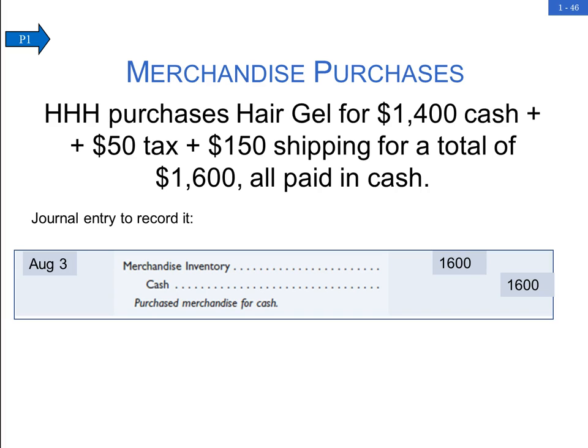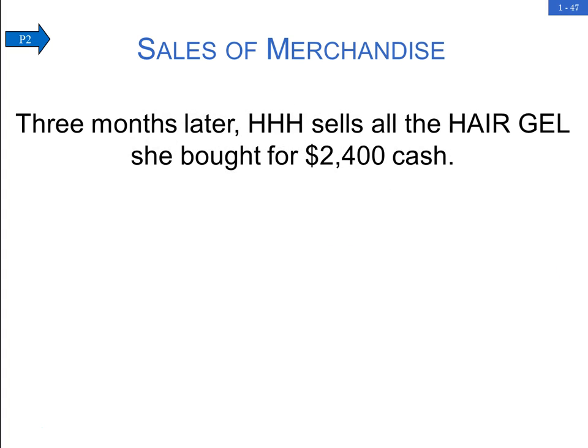Because when we sell the inventory, we will have earned revenue, and it took the cost of that inventory to help earn us that revenue. So we would match the cost of the inventory as an expense in the same period of the revenue that it helped us generate. Let me show you what I mean.